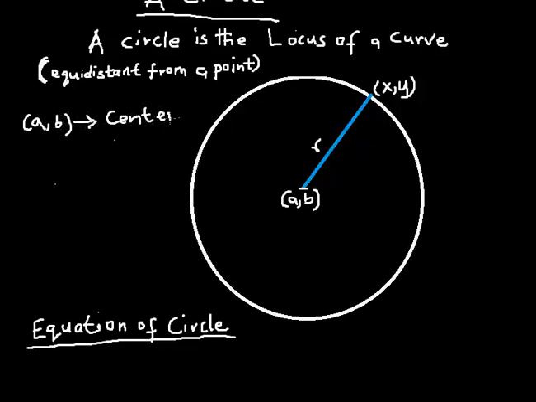Then x comma y is the final point of the line that joins the center to the circumference, so it is on the circumference, and that becomes my two variables, the x and y coordinates. While the r there represents the radius of the circle. So please take note of that.